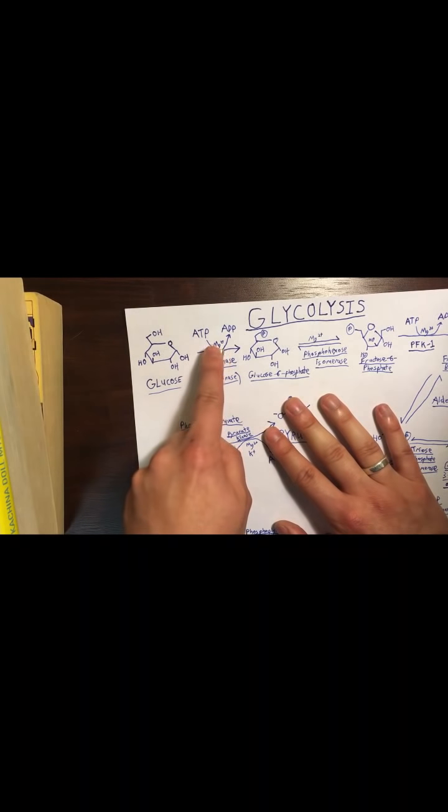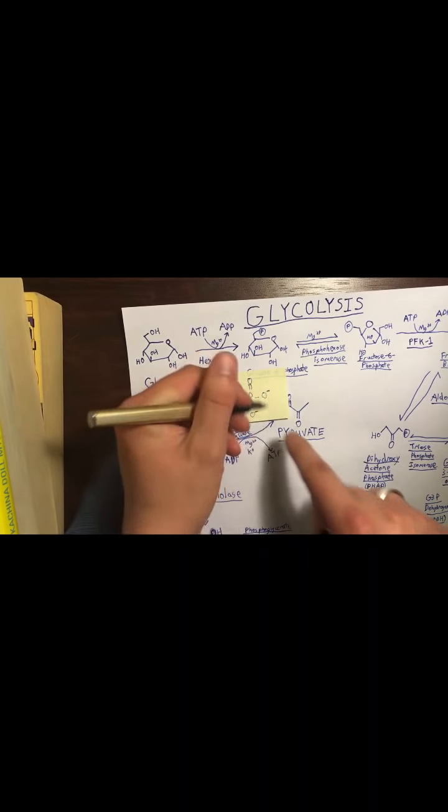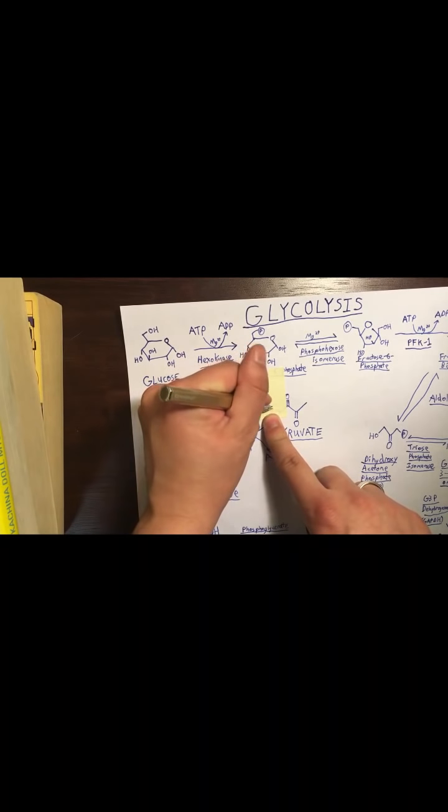Another important cofactor here is this Mg2+. Now, Mg2+, what's the purpose of that? Well, Mg2+ is going to stabilize these negative charges here and allow the phosphate group to jump off of our ATP and onto our glucose.